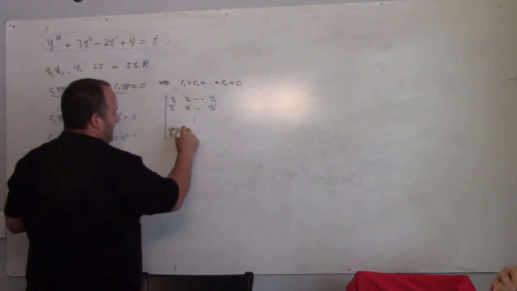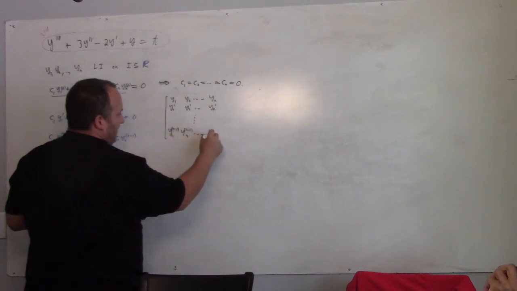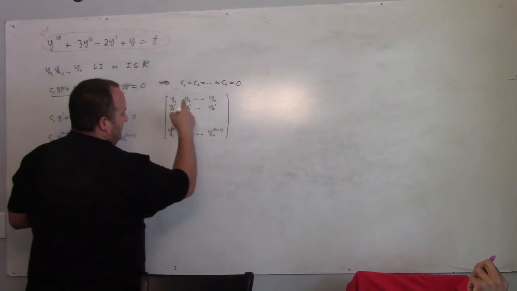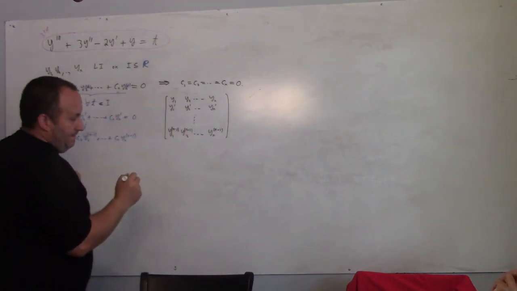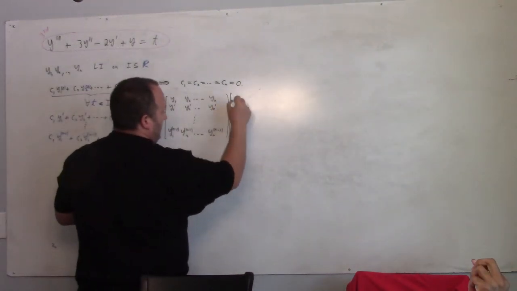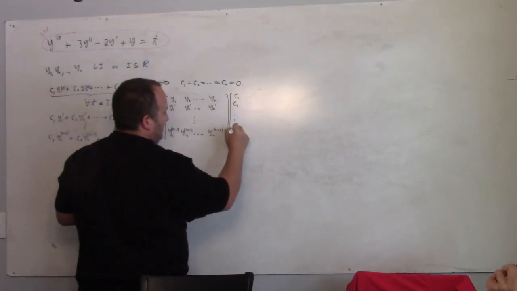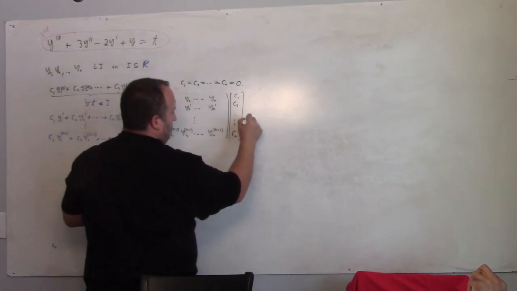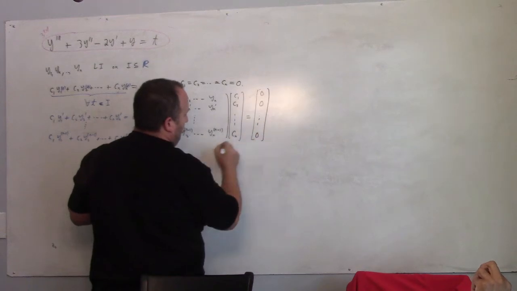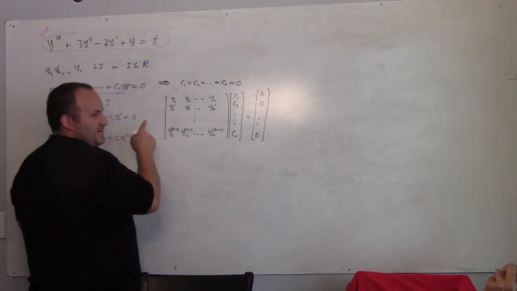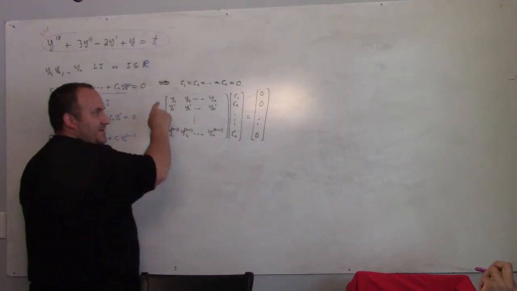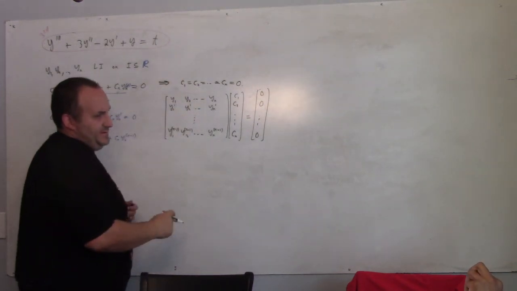But notice something about this matrix. Wait, it's not n by n? It is, well, you're doing n minus 1 though. Ah, but the first is the 0th derivative. So it's all that matrix times the constants c1, c2 through cn equal to 0. But remember, we're assuming linear independence, so a unique solution of 0.